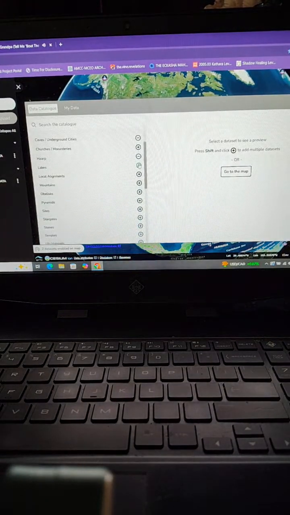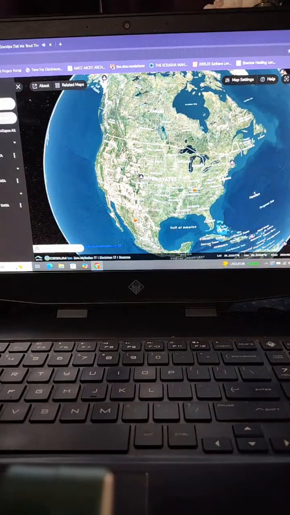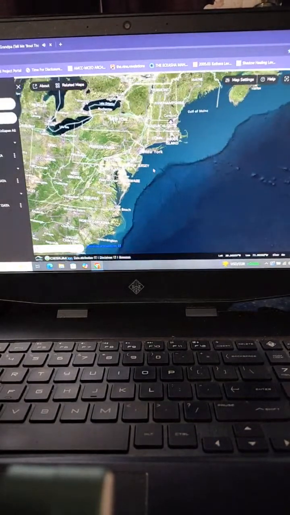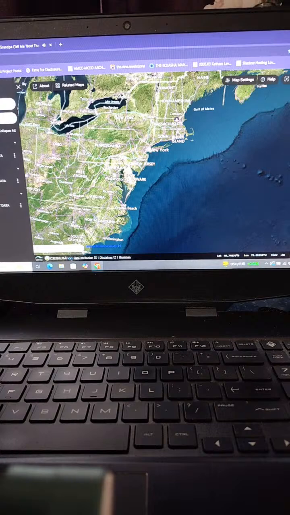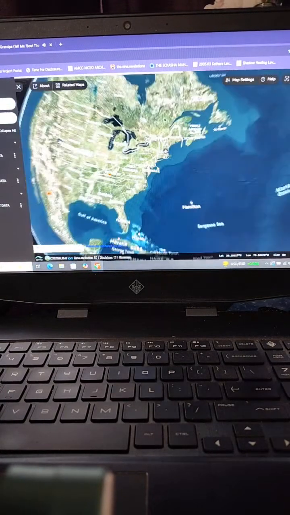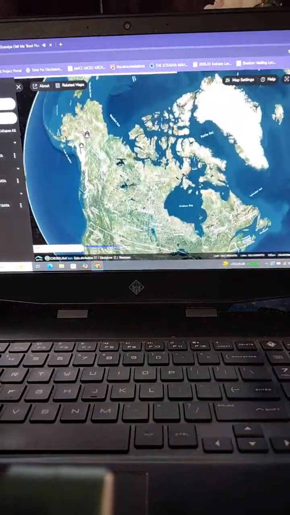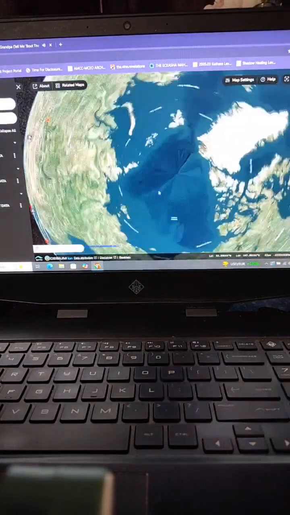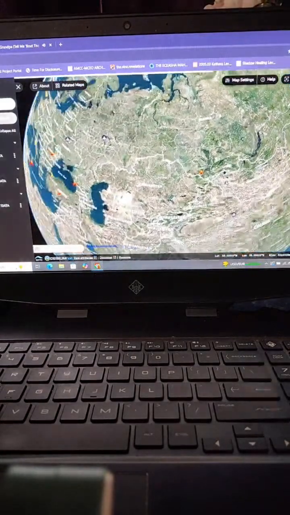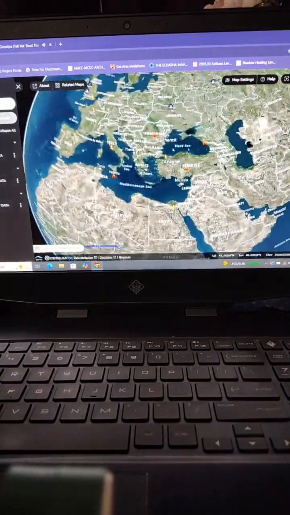And then you got lakes, local assignments, mountains, obelisks. Ooh. There should be one in New York. Yep, New York. Right there. And Washington. Where are the other ones? There should be some on the pyramids. Yeah, over here. Right here.